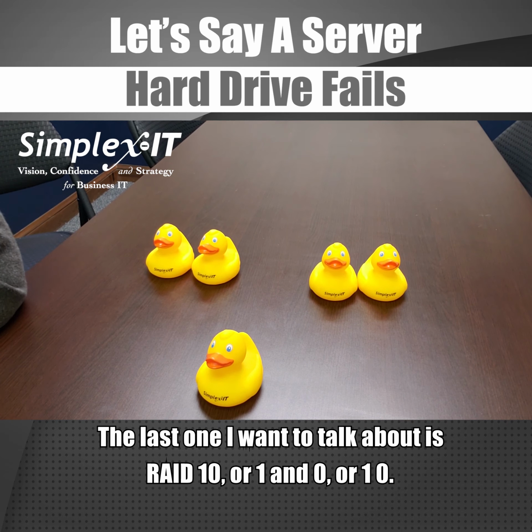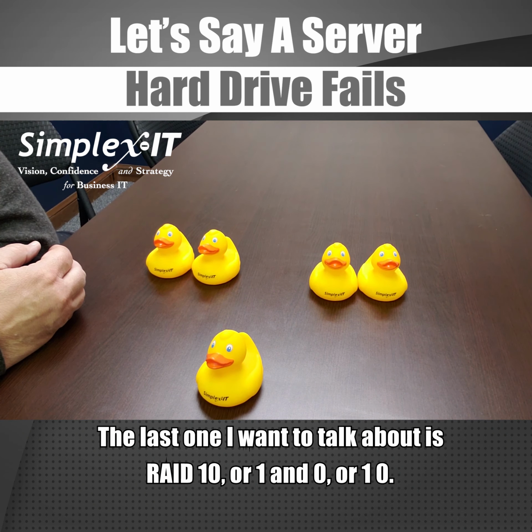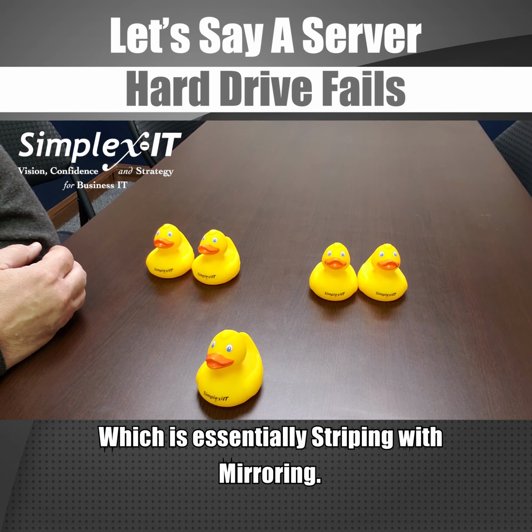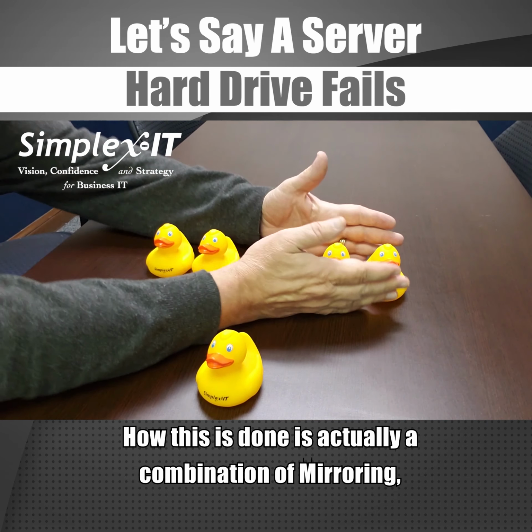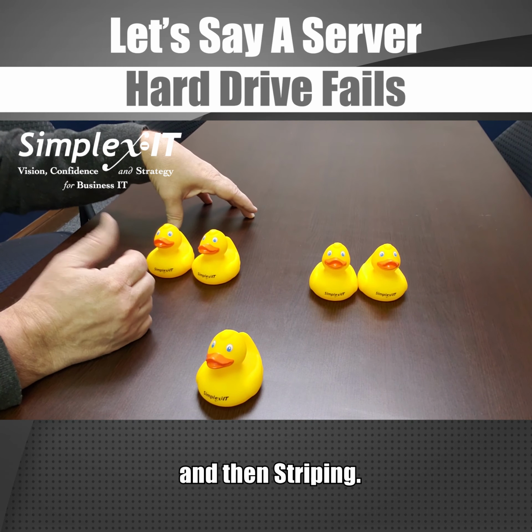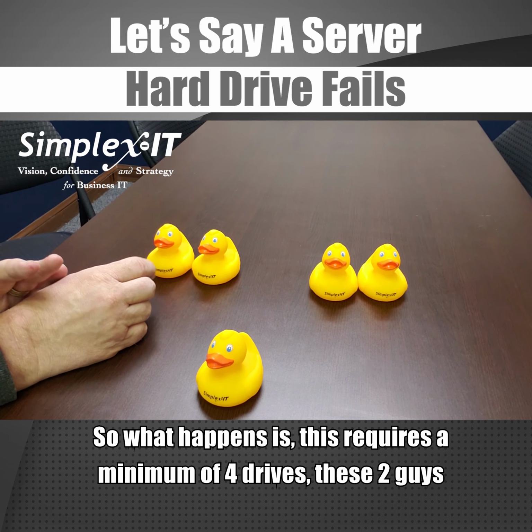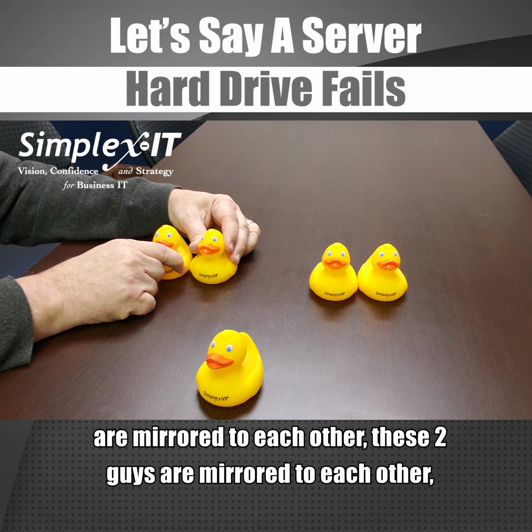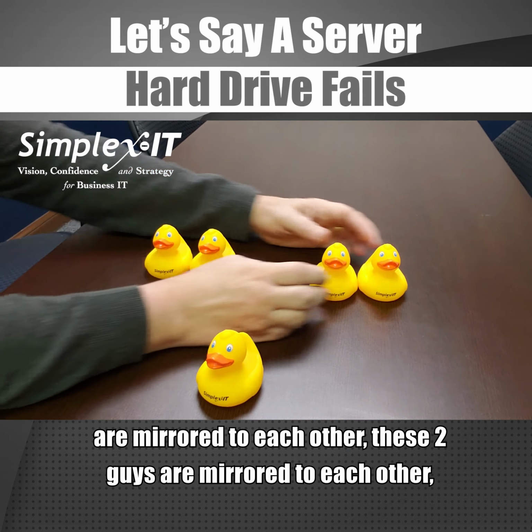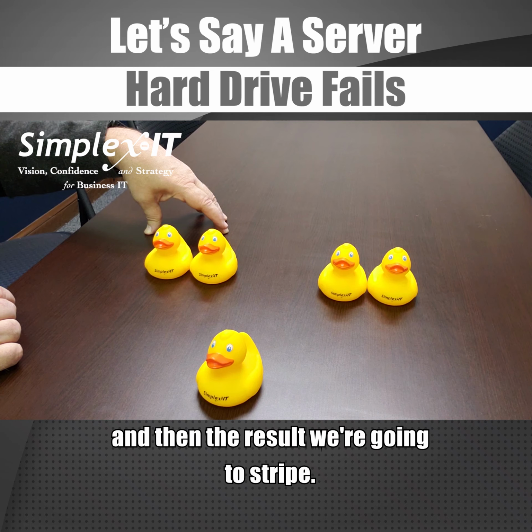The last one I want to talk about is RAID 10, or 1 and 0, or 1-0, which is essentially striping with mirroring. How this is done is actually a combination of mirroring and then striping. So what happens, and this requires a minimum of 4 drives, is these 2 are mirrored to each other, these 2 are mirrored to each other, and then the result, we're going to stripe.